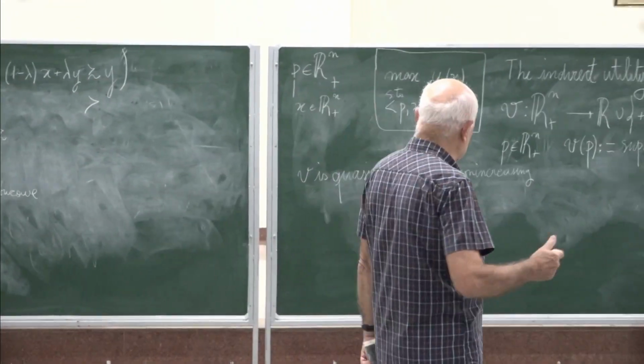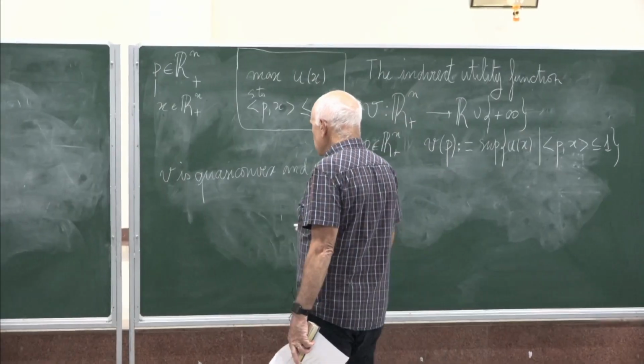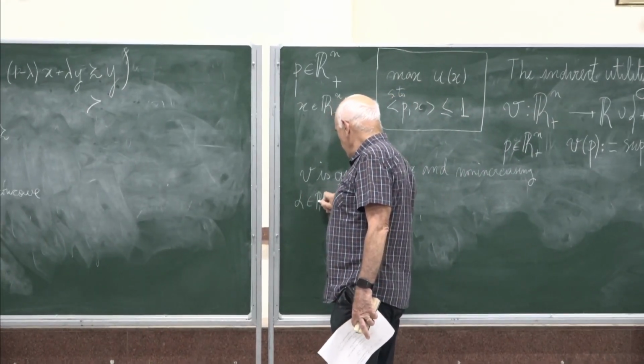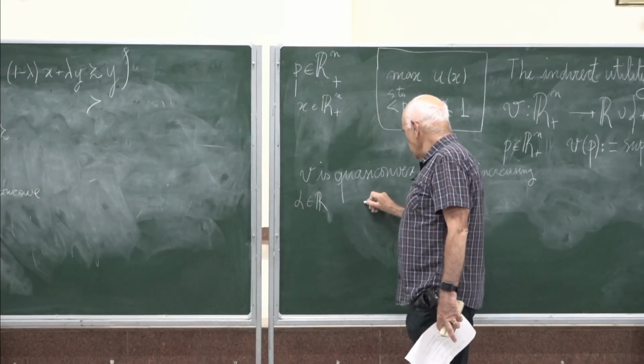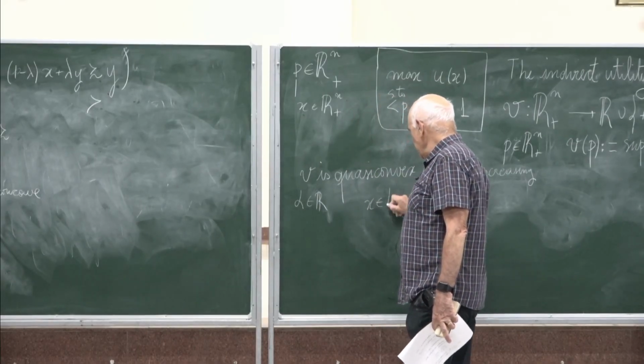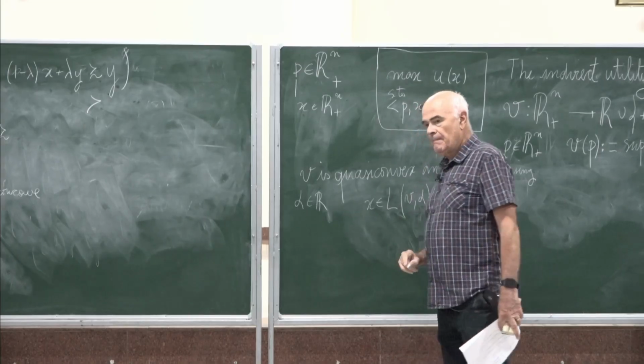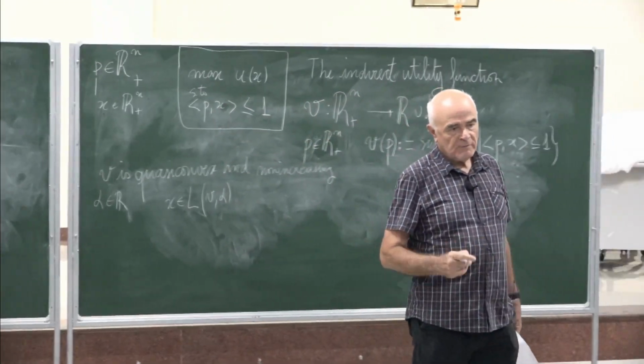About quasi-convexity, let's compute the level sets. Fix a level, and what is the meaning that P belongs to the lower level set of V of level alpha?